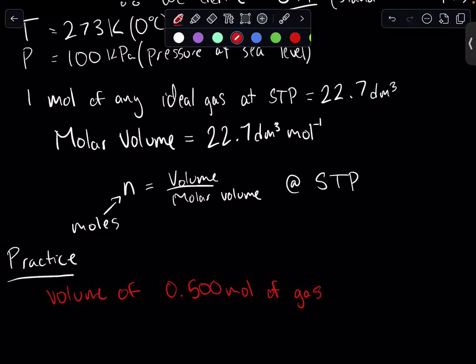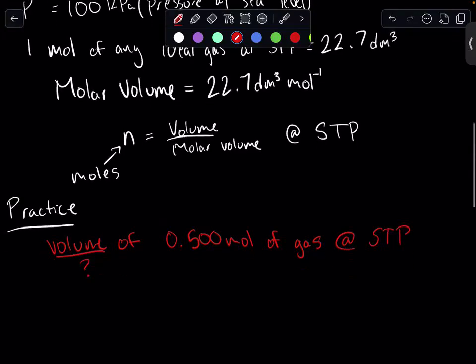So we'll just say 0.500 moles of gas at STP. What is that volume? Well, all we have to do is take our equation, n equals V over molar volume. And if we want to solve for volume, we can rearrange this to volume is equal to moles times molar volume.